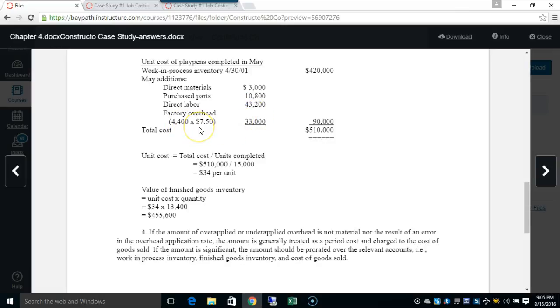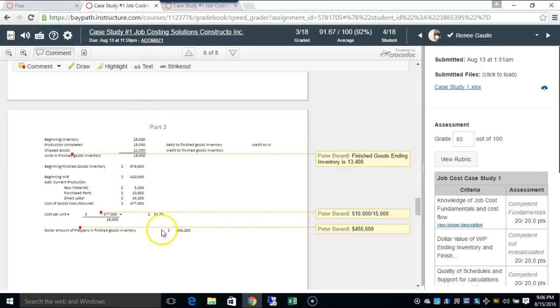You apply your factory overhead based on 4,400 hours at $7.50 to get total costs of $510,000. Divide that by your 15,000 equals $34 a unit. You were off slightly with $31.80 a unit.